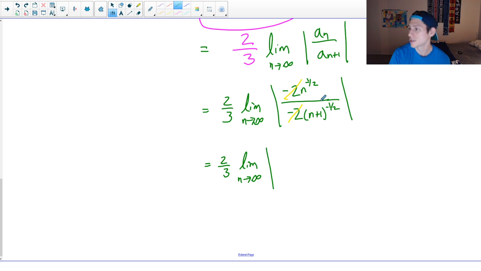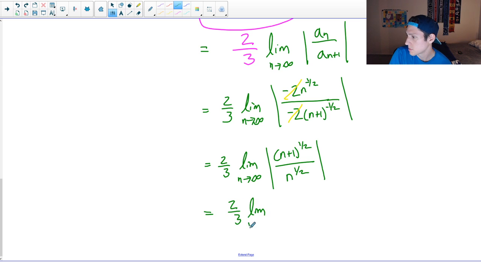So since they both have negative exponents, I can just switch their spots. So n plus 1 to the +1/2 on top, and then n to the +1/2 on bottom. Kind of a cool property about limits is that these absolute values and the square roots, well, so first off, there's a lot of steps for these. Since these are both to the 1/2 power, I can write this as n plus 1 over n to the 1/2.